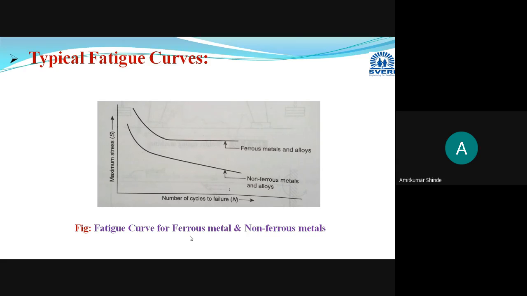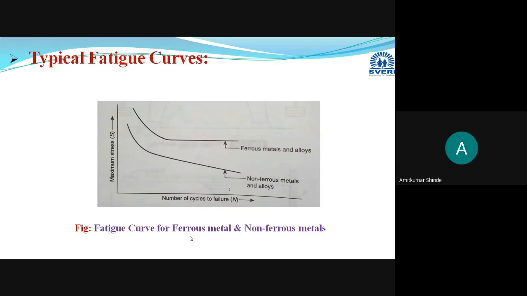Suppose you have applied one stress, suppose x value of stress, and from the other end you are rotating that component. Now if you perform that rotation an infinite number of times, it does not result in the failure of that component.